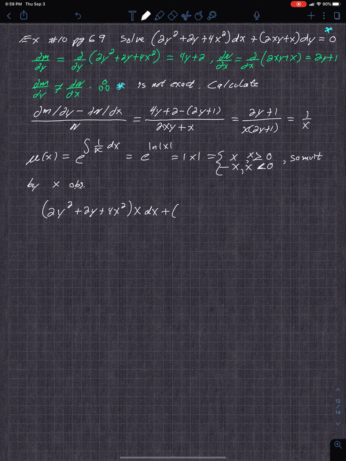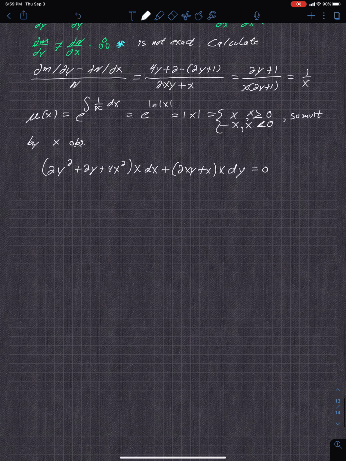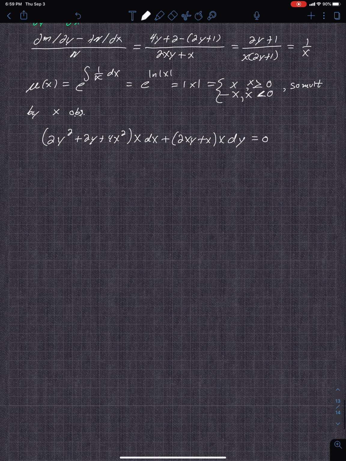And then plus 2xy plus x, and then times x dy equal to 0 times x, which is, of course, just 0. All right, so you'll distribute and simplify, and so this will be your partial f with respect to x, and this will be your partial f with respect to y.